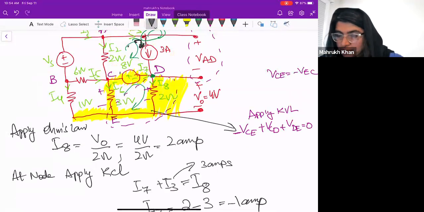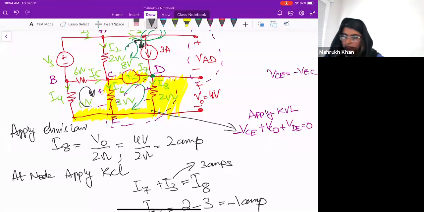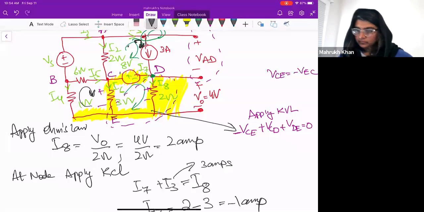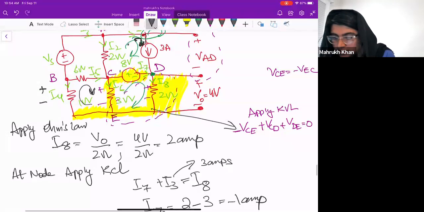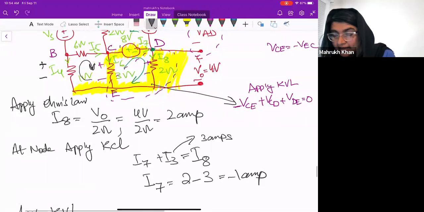So I should apply VBE, VBC, and VCE, right? So this is another loop I should consider. And in this loop, if I am having this as plus minus, then this will be minus VBE.